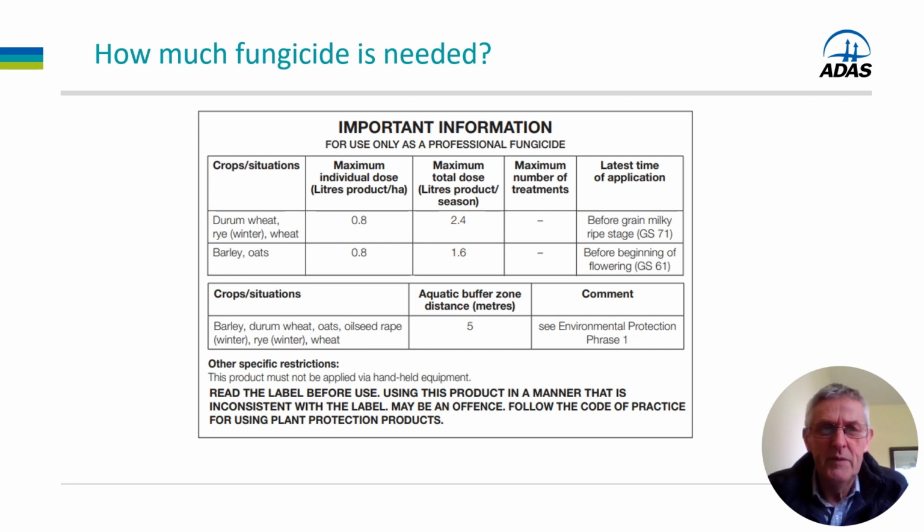And what we can see is that it defines the maximum total dose that can be used in a season, and also defines the maximum individual dose that can be applied at one treatment. In this case, for wheat, 0.8 litres of the fungicide product per hectare.